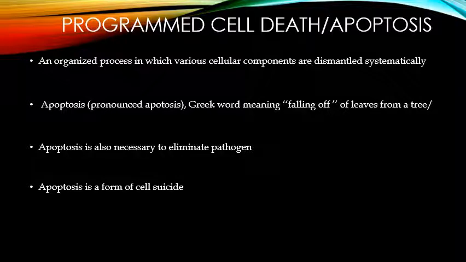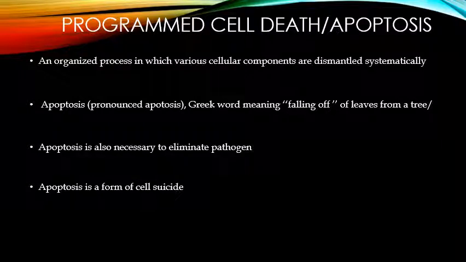Programmed cell death is known as apoptosis. It is a form of cell suicide, and it is a very coordinated, controlled and energy-dependent process. It helps the organism eliminate unwanted cells whenever there is damage to cells that affects the healthy cells. Apoptosis normally occurs during the process of development and aging.